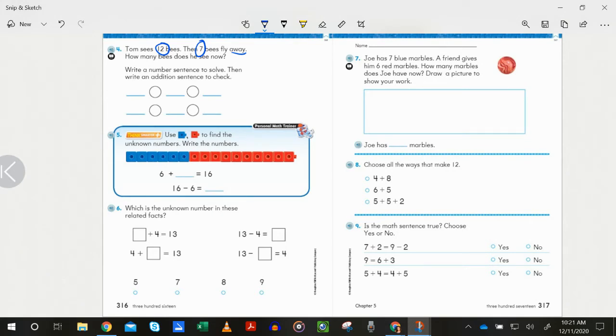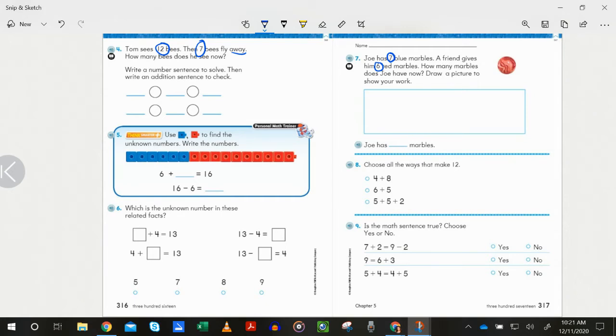Okay, next up on number 7, we're going to look for the clues as we're going, so we're ready to do our thinking. Joe has 7 blue marbles. A friend gave him 6 red marbles. How many marbles does Joe have now? Draw a picture to show your work.